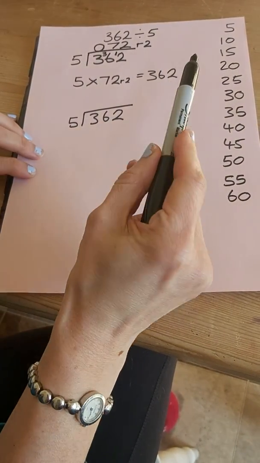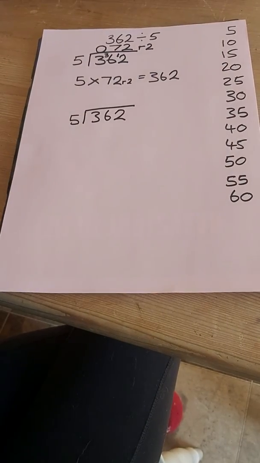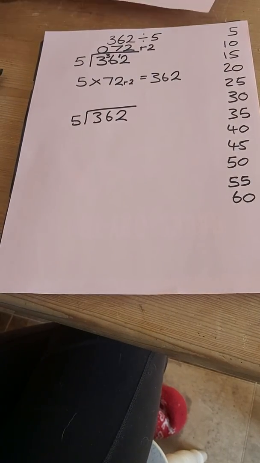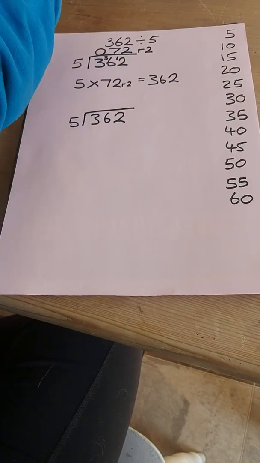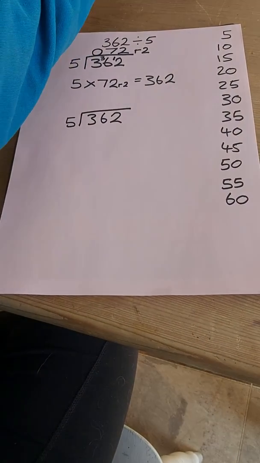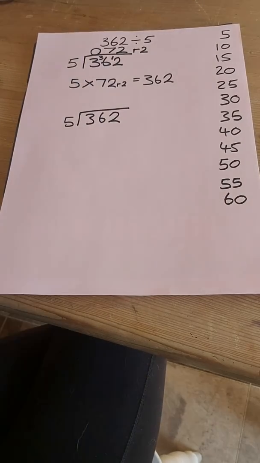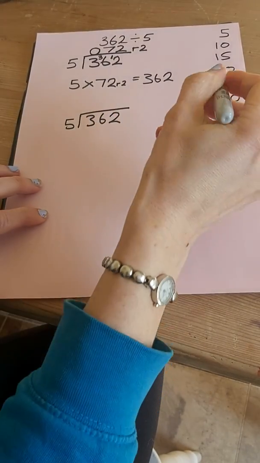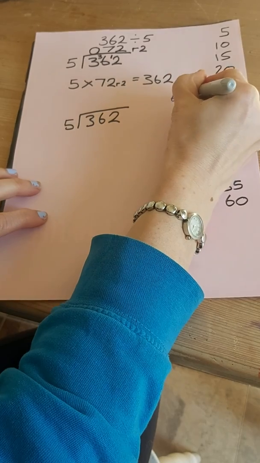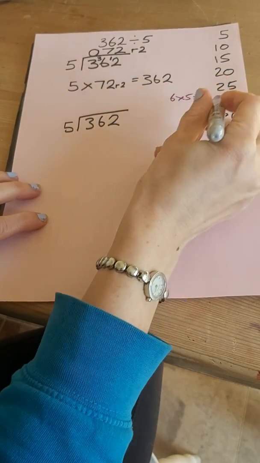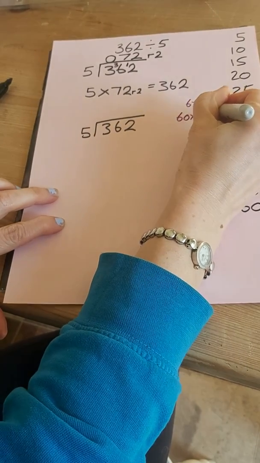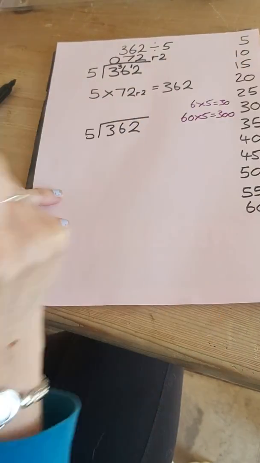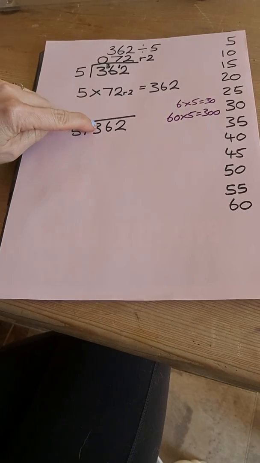So 6 times 5, I'm going to use another colour. Okay, purple. 6 times 5 is 30. There it is there. Therefore, 60 times 5 is 300. And that's what I'm looking for here, 300.